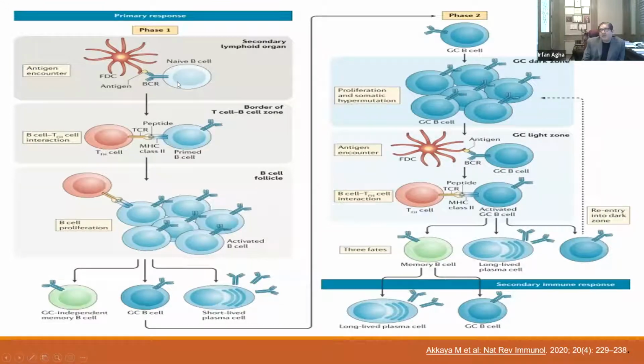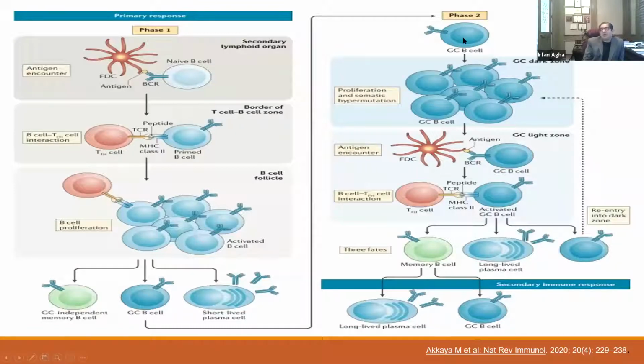Now, this naive B cell will then talk to a T follicular help cell, which is running the BCL6 program, and is going to provide co-stimulatory help to this B cell. Now, this B cell will start undergoing proliferation. This is your germinal center reaction, and this has multiple fates. One of them is generation of the germinal center B cell. We're not going to talk about the other things.